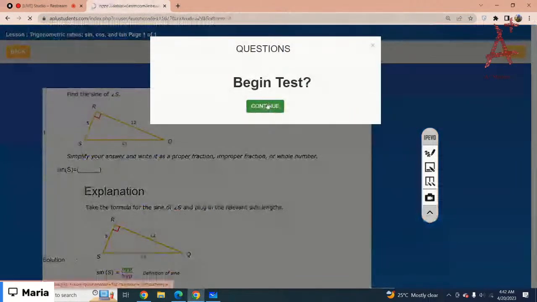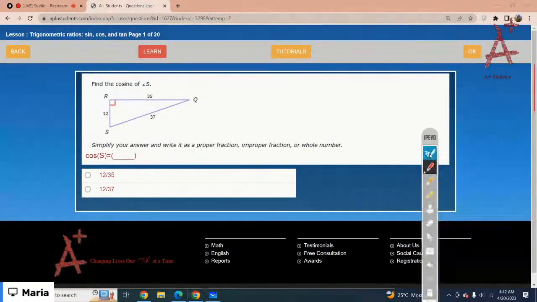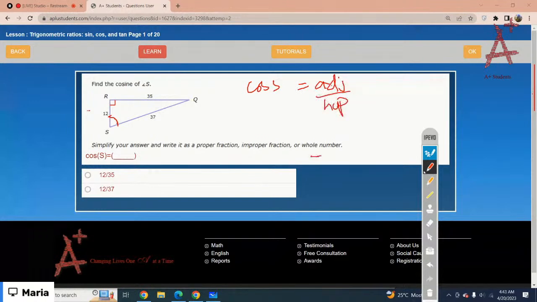Find the cosine of angle S. Here is angle S. Cos of angle S is adjacent divided by hypotenuse, isn't it? The adjacent of angle S is 12 and the hypotenuse is 37.